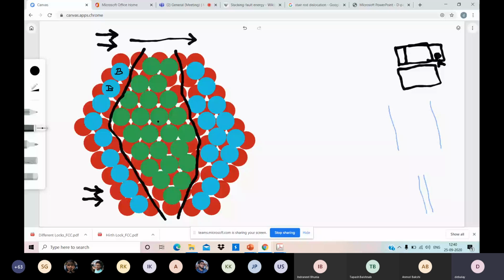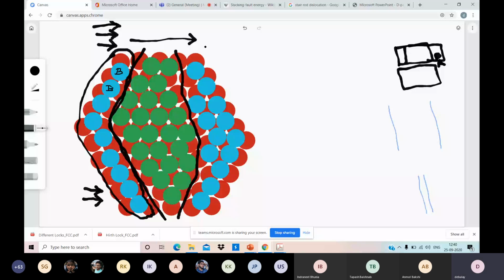What is this side of the structure? What is this side of the structure showing? As my slip direction is this, can you tell?